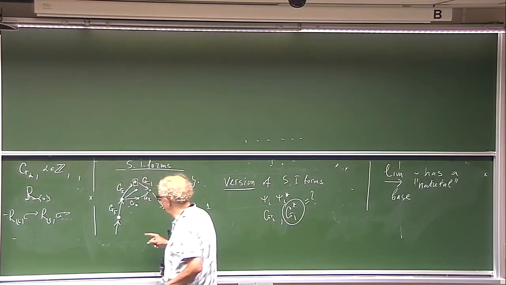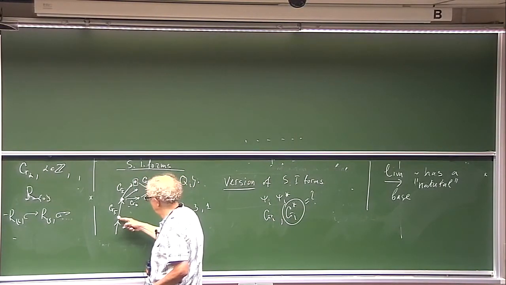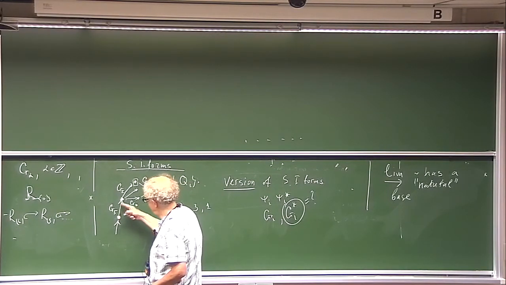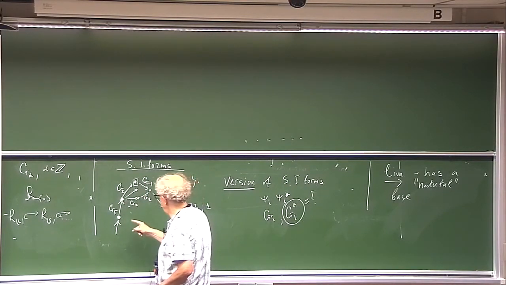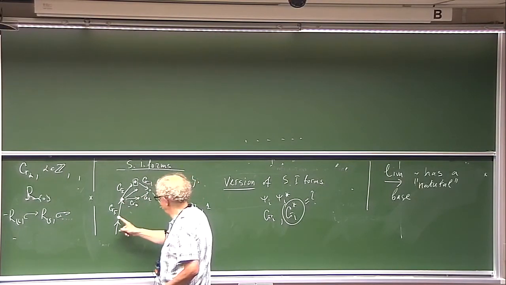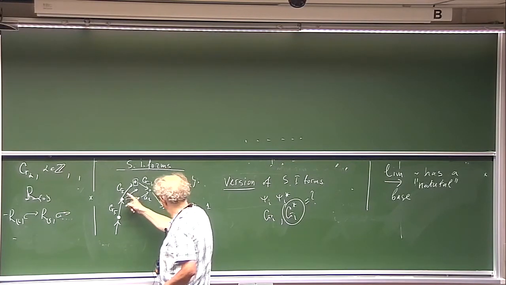So in this case, what will it be? I start with this vector, then it is 1, but here we have not 3, but 5 vectors. And no, not 5, but 6 vectors.